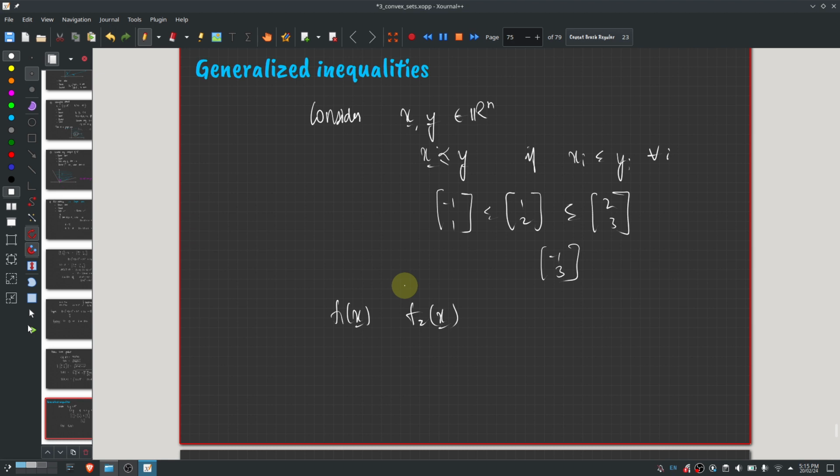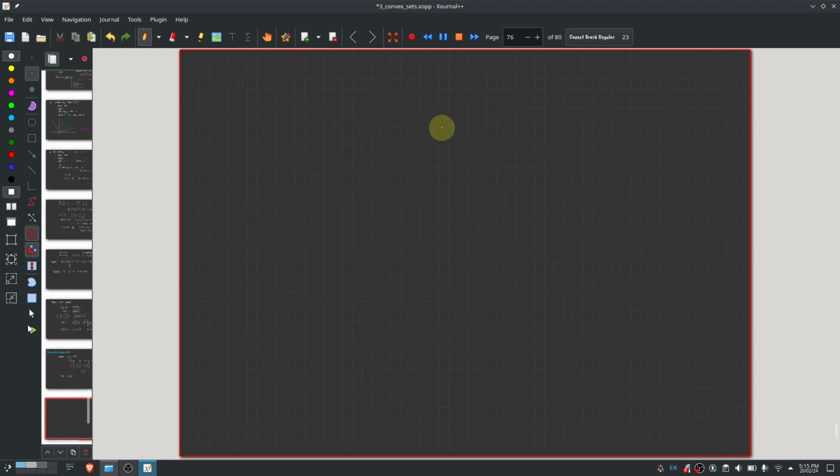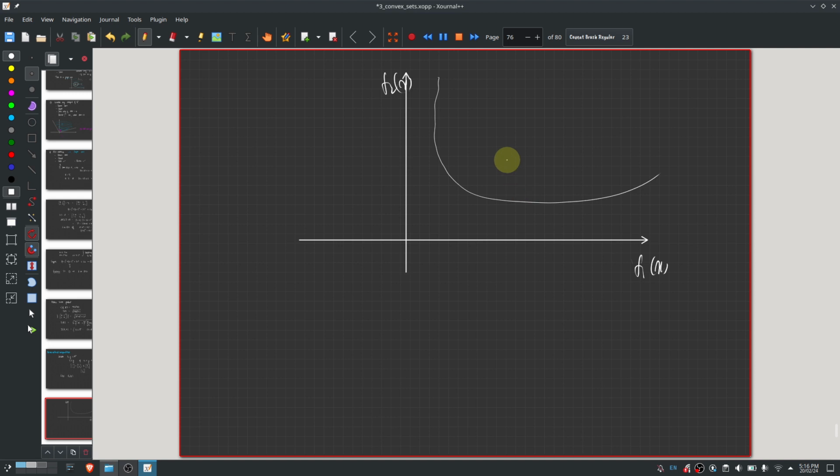Okay, so for example, suppose I plot f1 of x versus f2 of x. So this is f1 of x, this is f2 of x, and for every x I get one point in this plane: one value of f1 and one value of f2.